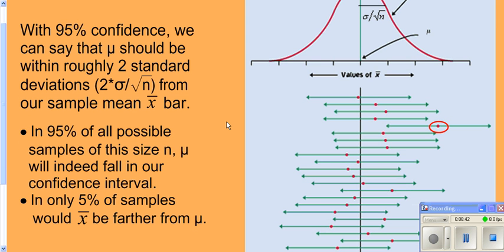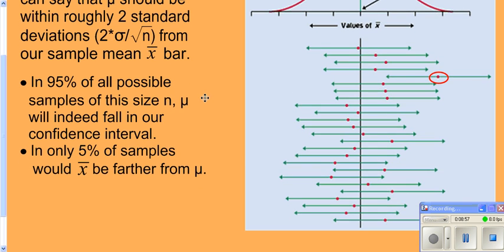So we could say that with 95% confidence our mean would be within 2 standard deviations of the mean of our sample.